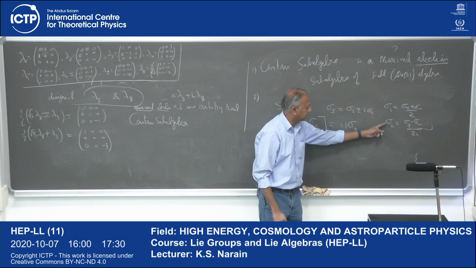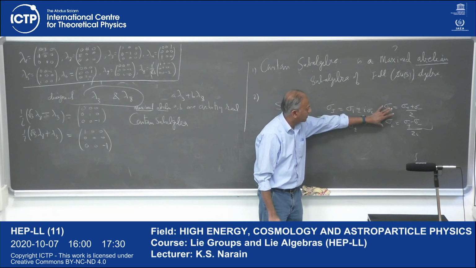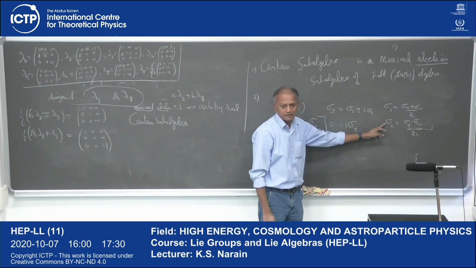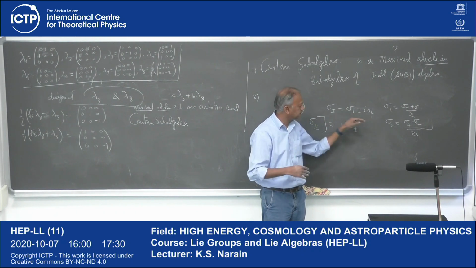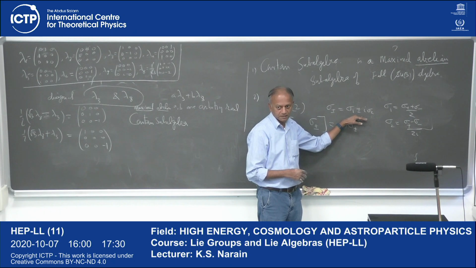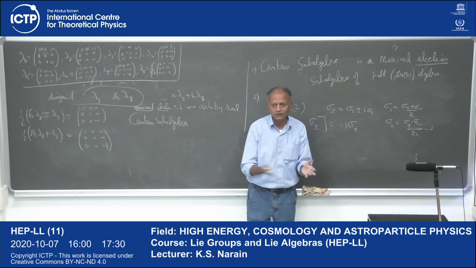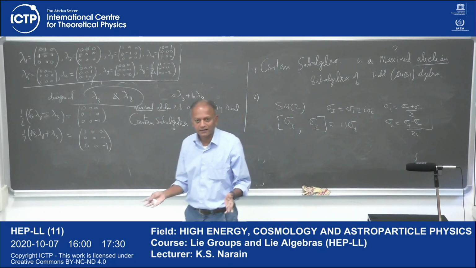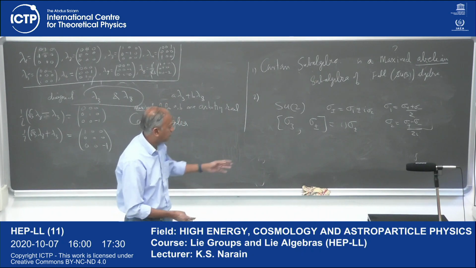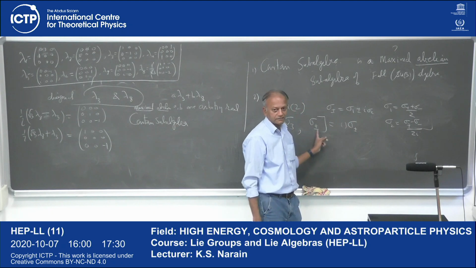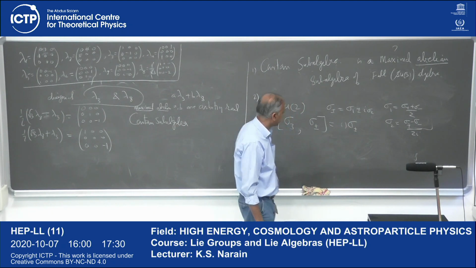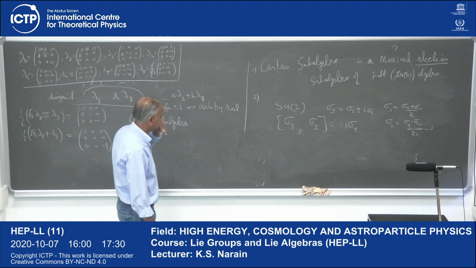So you find back this combination, and then you say, from now on, I'm going to allow only real numbers multiplying there. That's how we got back SU2. But in the intermediate step, we allowed complex numbers, because otherwise you cannot find eigenfunctions. That was the point. If you had not allowed this imaginary number, you could not have found an eigenfunction. So the same thing we'll do now here.